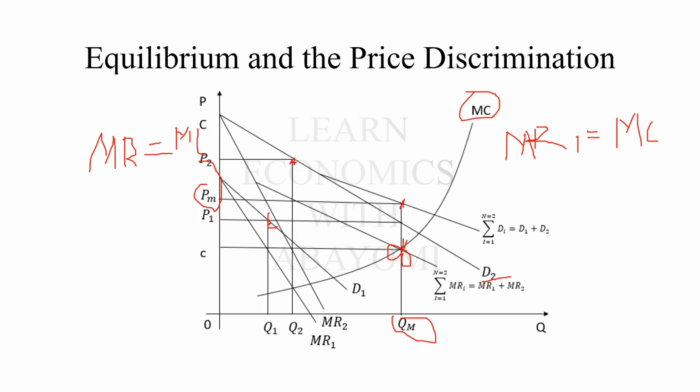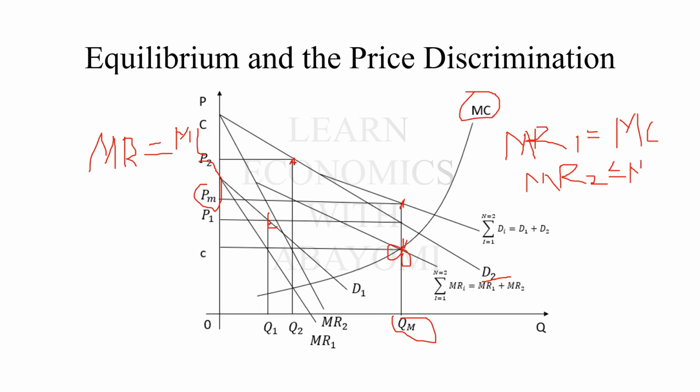What differs is that different individuals are sold to at different prices and at different price elasticity. So both marginal revenues will always be equal to a common marginal cost for price discrimination.